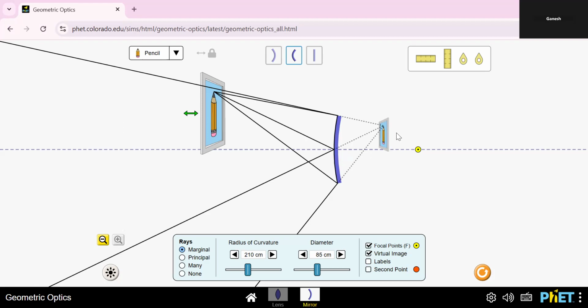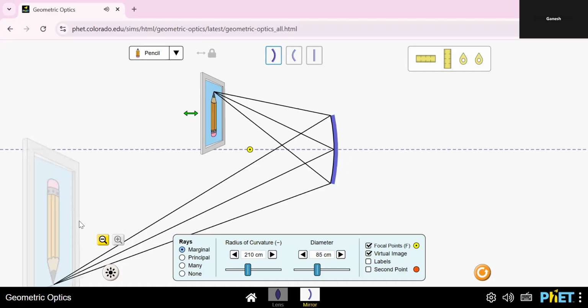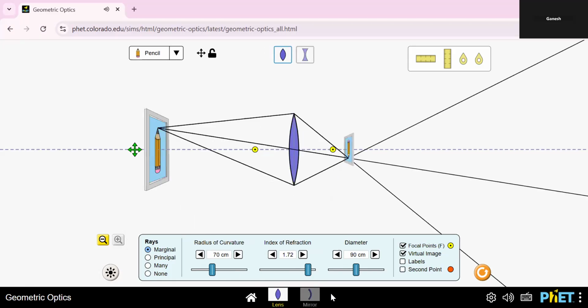Already we know from the previous simulation how the images are formed in this area. So this is the ray diagram of convex, concave and plane mirror formation.